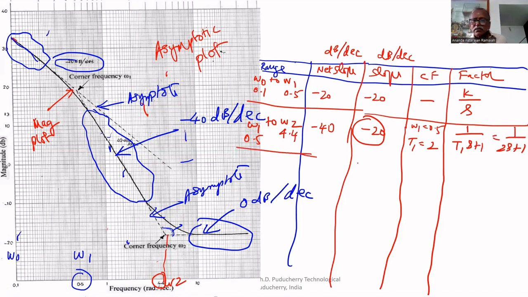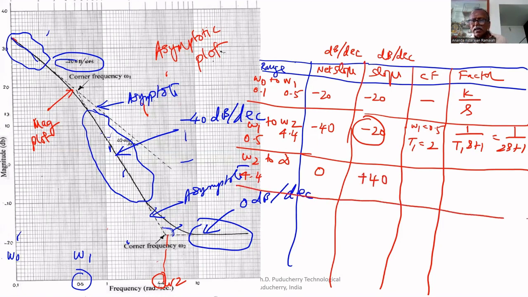The next one is 4.4 to infinity, that is omega 2 to infinity. From 4.4 to infinity the slope is 0. Therefore, the factor contributes plus 40, then only it becomes 0, because earlier it was minus 40.